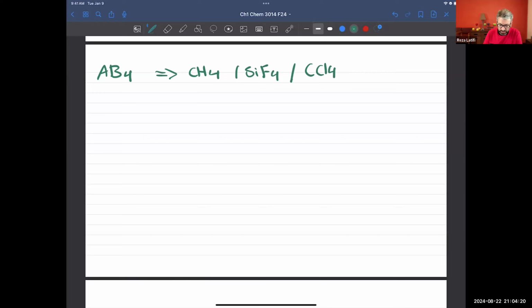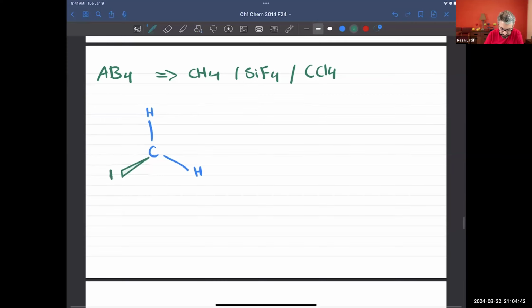In this case, your central atom, for example carbon, will be attached to two hydrogen atoms inside the plane. One hydrogen atom will be pointing to you, so it will be out of the plane.